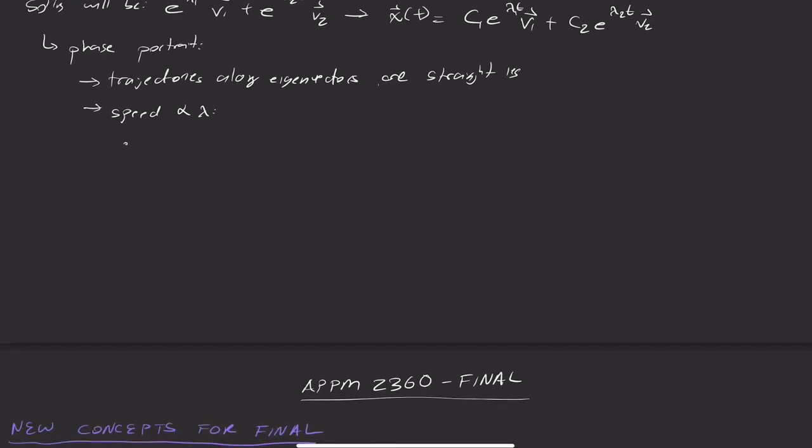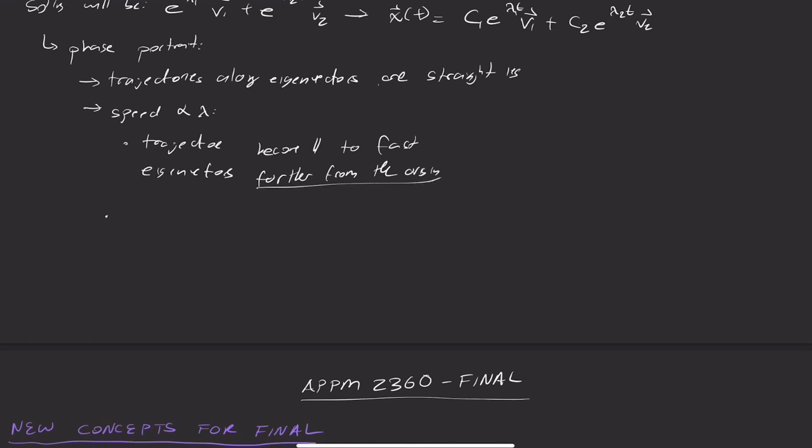If you're taking a look at your fast eigenvectors, trajectories become parallel to fast eigenvectors, or tangent to them, and they do this further from the origin.